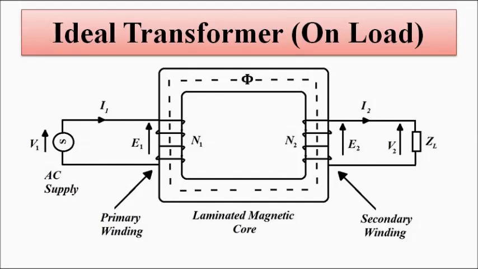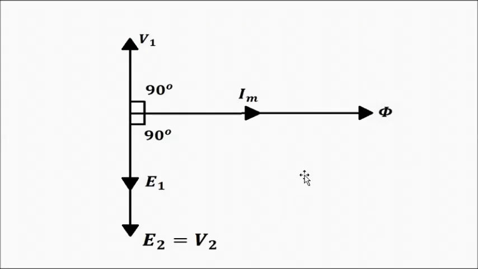So for an ideal transformer on no load, this was the phasor diagram. This is the flux phi, V1 and V2. They have a 90 degree phase difference with respect to the mutual flux.